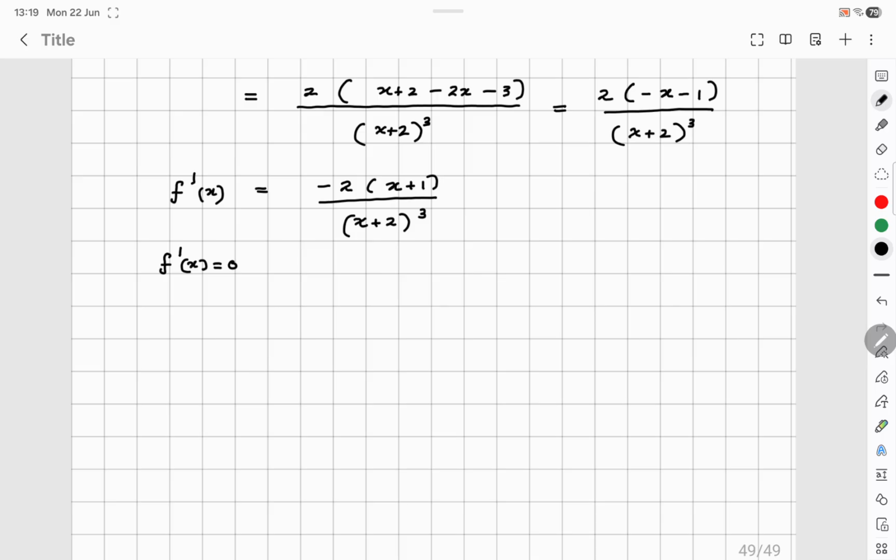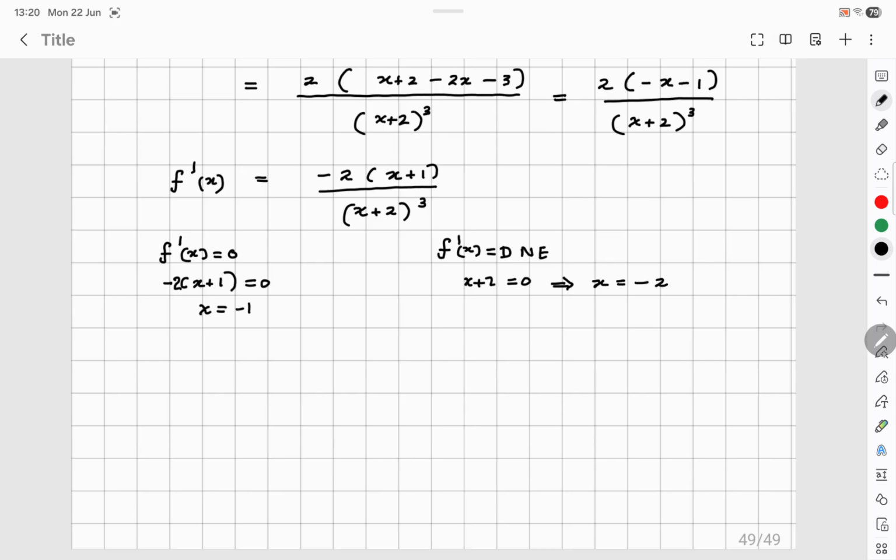We will find the critical values rather than stationary points. So if f'(x) equals 0, you get minus 2 into (x + 1) equals 0, so x equals minus 1. And f'(x) does not exist when the denominator is 0, so x + 2 equals 0, x is equal to minus 2, right?